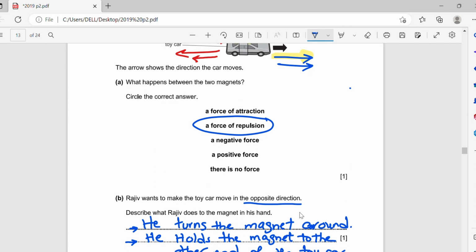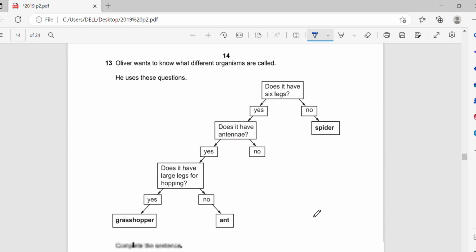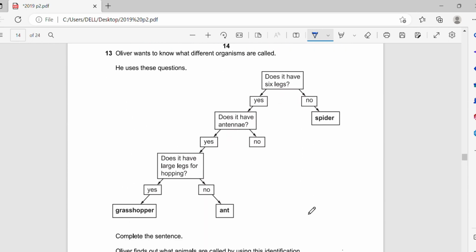Okay, next question 13. Oliver wants to know what different organisms are called. He uses these questions. لو بصينا على الكويستشنز دي احنا قدام حاجة اسمها identification key. Does it have 6 legs? Yes. هنروح الاتجاه ده. No. هنروح الاتجاه ده.